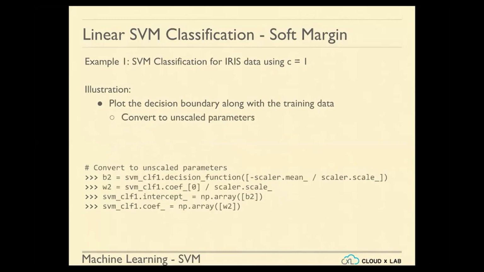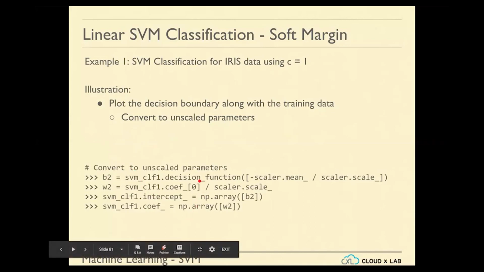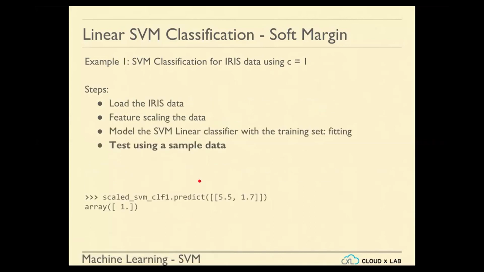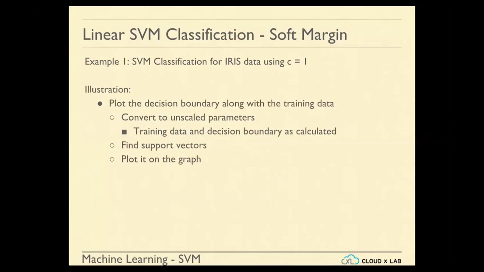Again here we could do the unscaling. First of all, we convert to unscaled parameters. What we're trying to do is the illustration right now. We want to plot the decision boundary along with the training data. So first we did the fitting and the training, and after that we convert to the unscaled parameters.